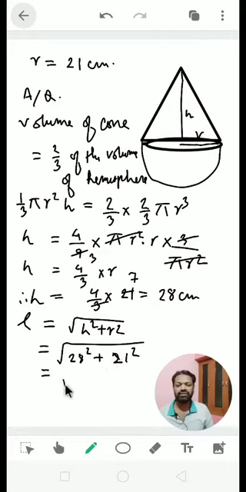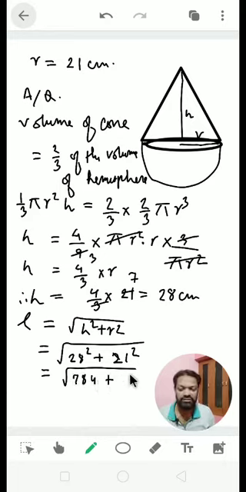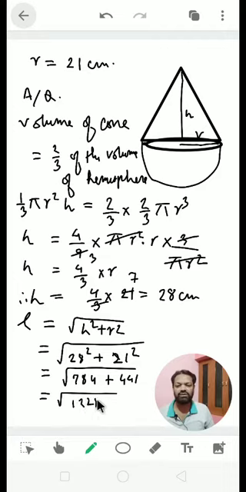So we are getting 784 plus 441. What should be the sum? I think 1225, and we have got L is equal to 35 centimeter, right?